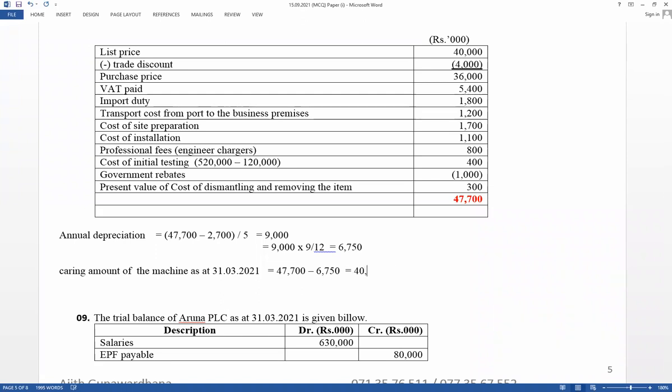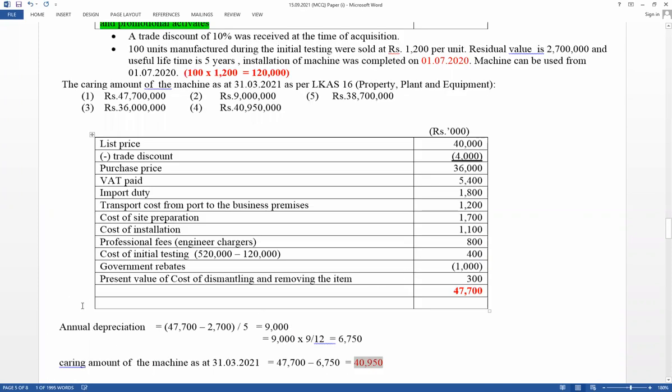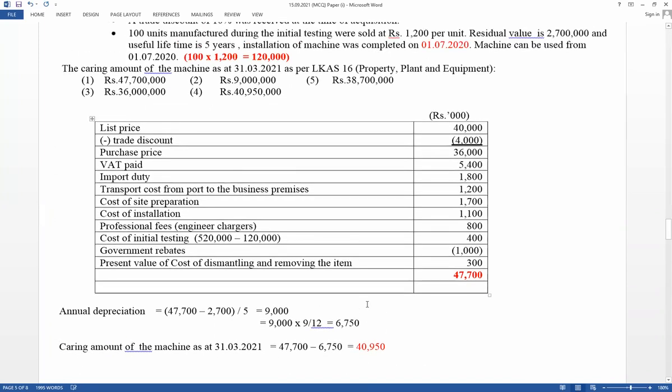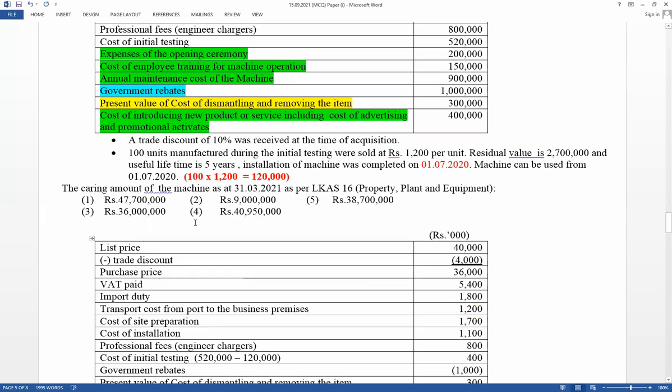Therefore, the net book value equals 40,950. That is the carrying amount. They ask for the carrying amount at the end of the year. Therefore, 40,950. Question number 8, answer is the fourth one.